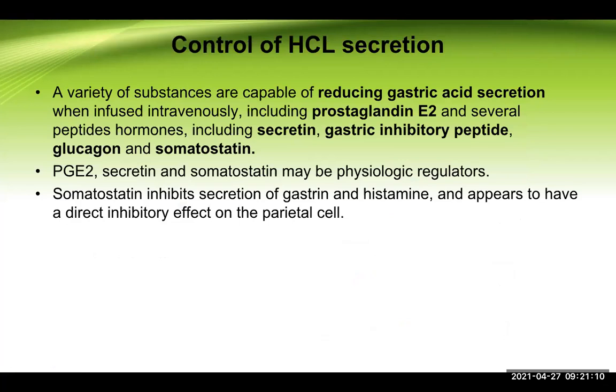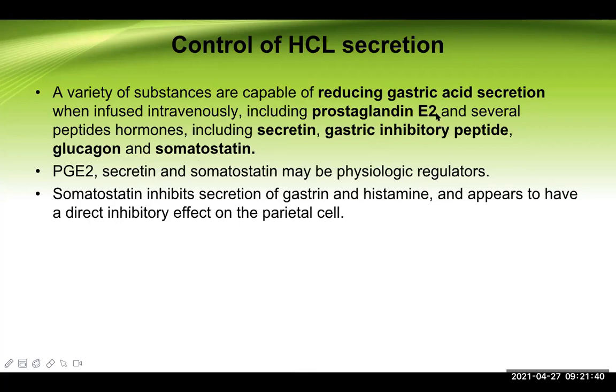Now, before we move further, what are the substances that inhibit the secretion of hydrochloric acid? A variety of substances are capable of reducing gastric acid secretion when they are infused intravenously, like prostaglandin E2. That's why when we give prostaglandin E2 in the treatment of peptic ulcer disease, it really helps.